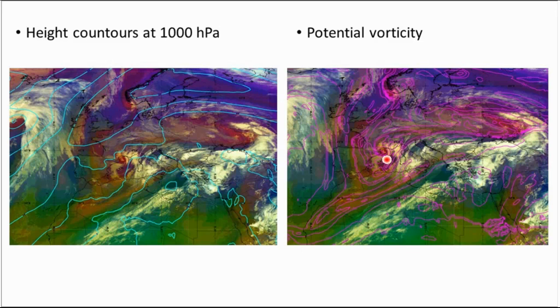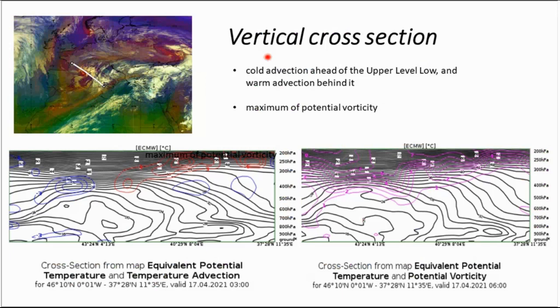Again, we can also see a typical vertical cross-section of this upper level low. We made the cross-section right here, and you can see that the cold advection is ahead of the upper level low, the warm advection is behind it, and you also have the maximum of potential vorticity. So the parameters which show the typical structure of upper level lows are the temperature advection and this potential vorticity.